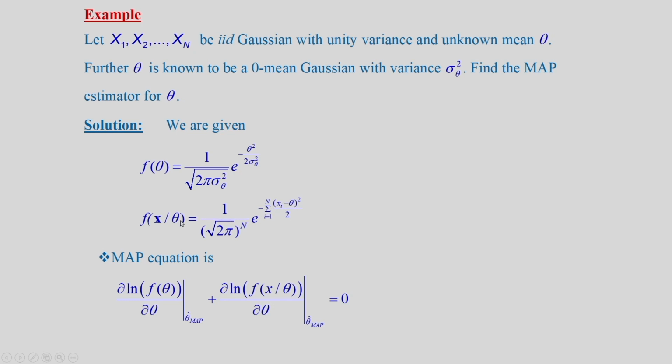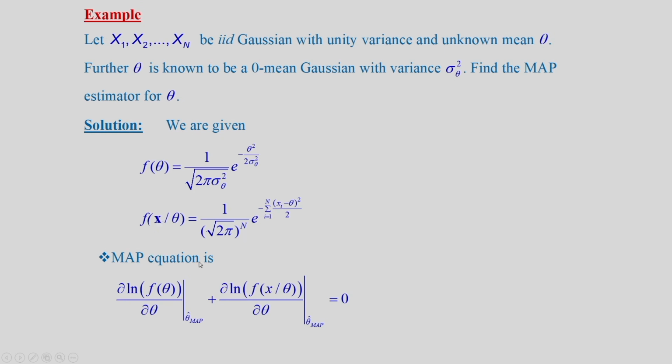So, f of x given theta is equal to 1 by root over 2 pi to the power n into e to the power minus summation i going from 1 to n of xi minus theta whole square divided by 2. This is the likelihood function of random data.